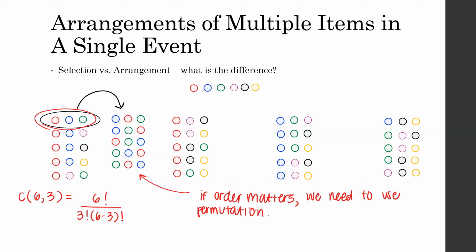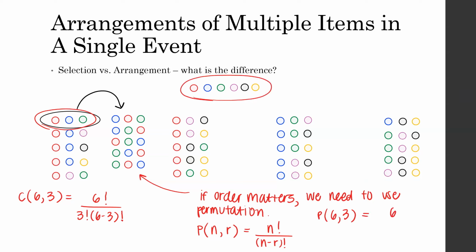And the formula for a permutation of n, r, so it's the same variables that we used for a combination, is n factorial divided by n minus r factorial. We have the permutation of 6, 3 to know how many different ways I can arrange these marbles here. It would be 6 factorial divided by 6 minus 3 factorial.